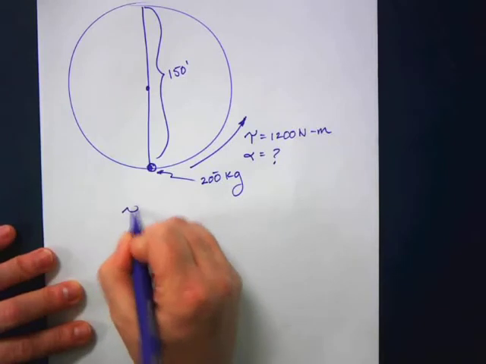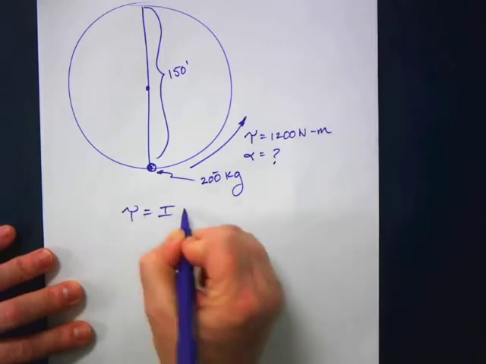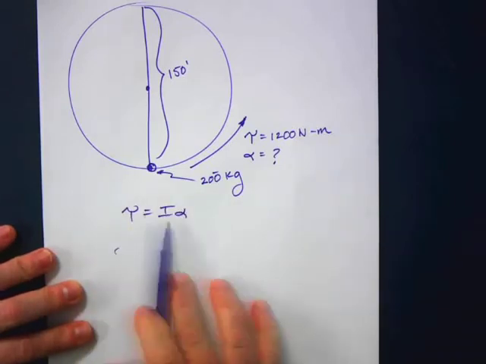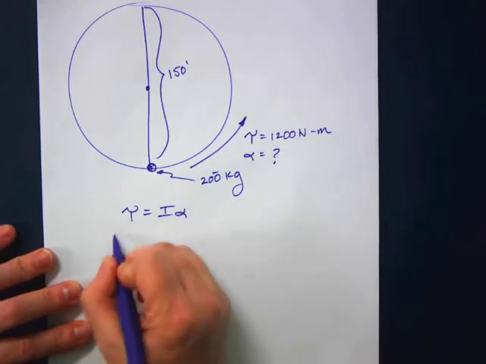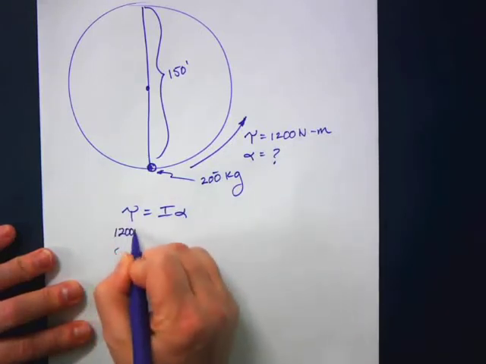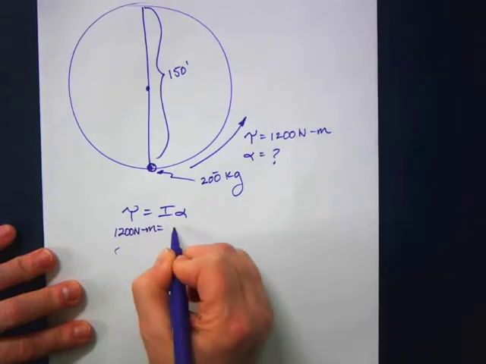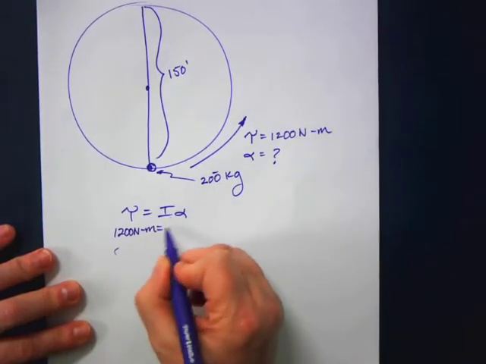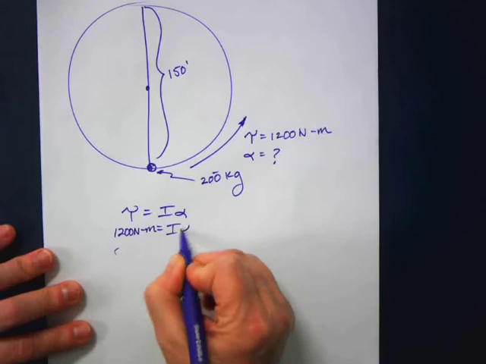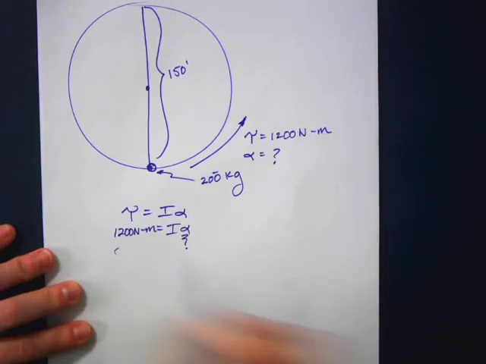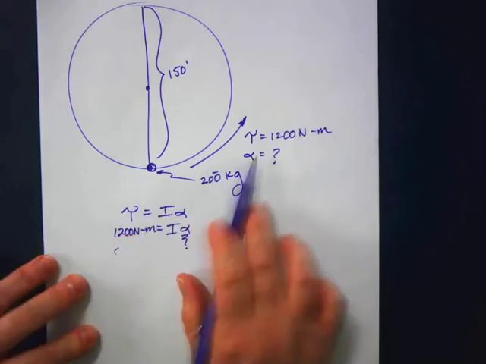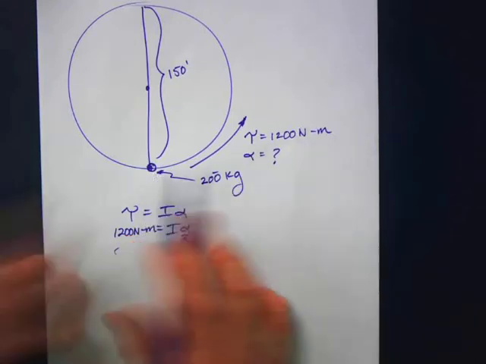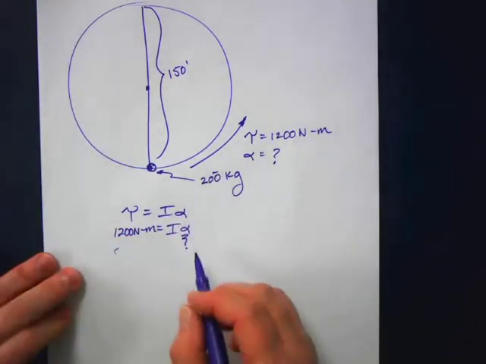Now the equation is torque equals I alpha. Rotational force, moment of inertia, and angular acceleration. So the 1,200 Newton meters goes here. I will have to figure out I, and alpha is what we're solving for, right? That's what we want. So what would the moment of inertia be? We're just going to say this is the torque on just the people, so we're not going to worry about the Ferris wheel itself.